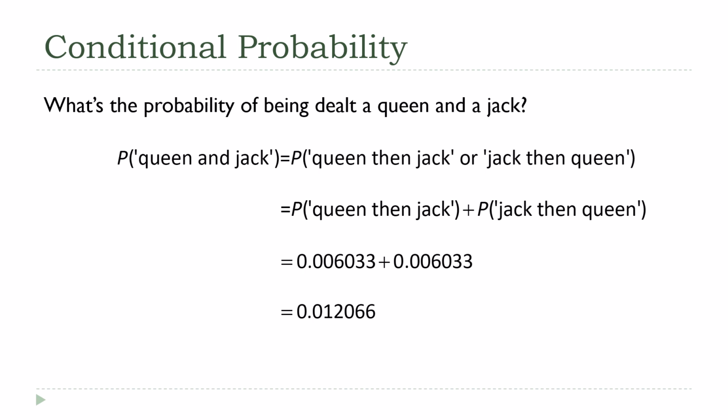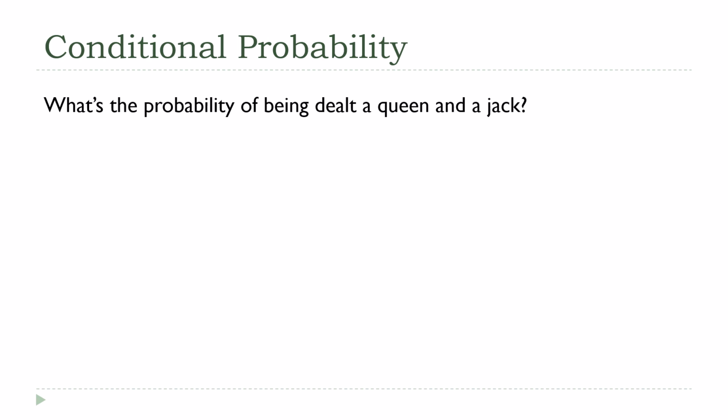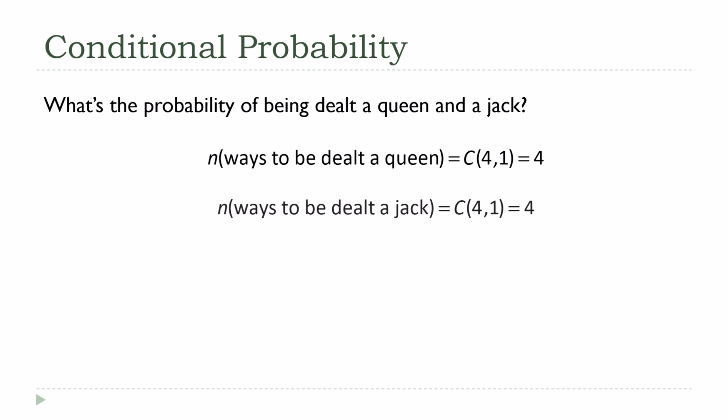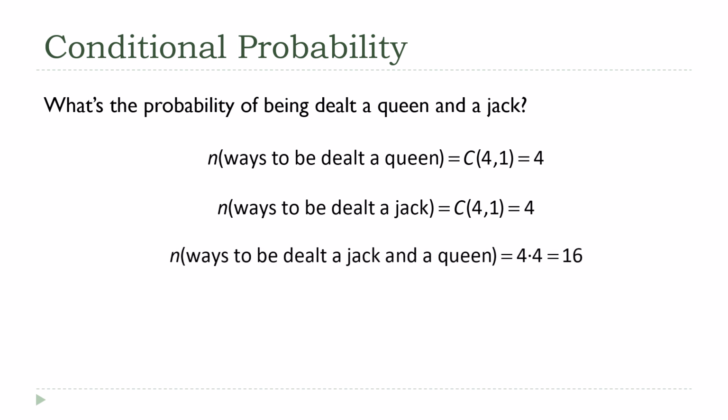0.012066. Now, to confirm that we really are thinking of this correctly when we're being concerned about ordering, let's calculate this probability again, this time using counting methods. There are 4 ways to be dealt a queen, because there are 4 of them. And similarly, there are 4 ways to be dealt a jack. That means the total number of ways to be dealt a jack and a queen using our multiplication property is 4 times 4, or 16.